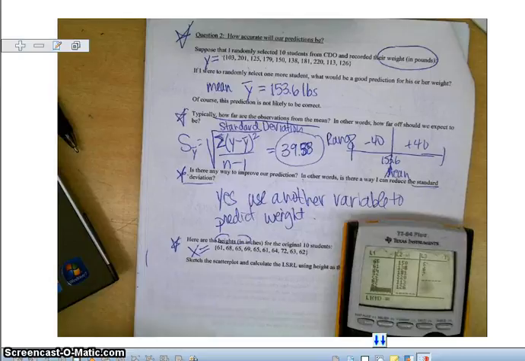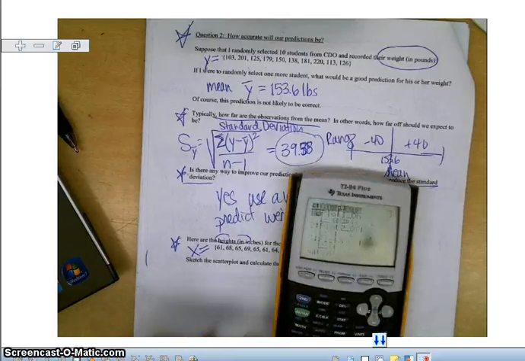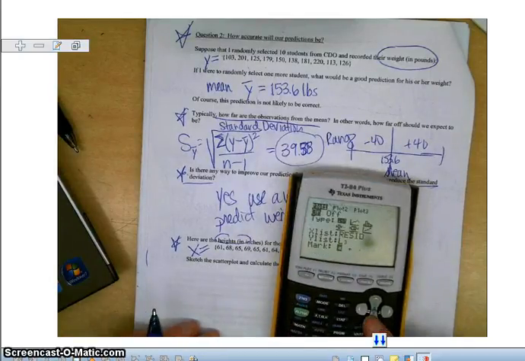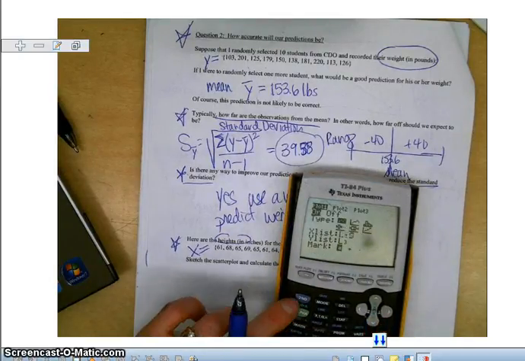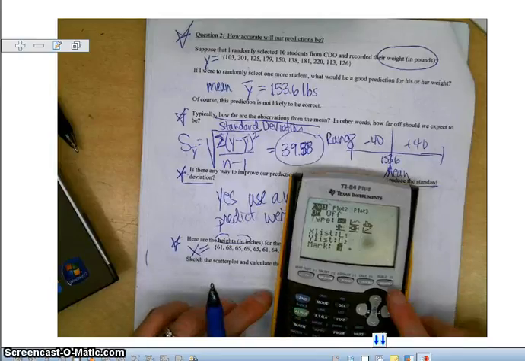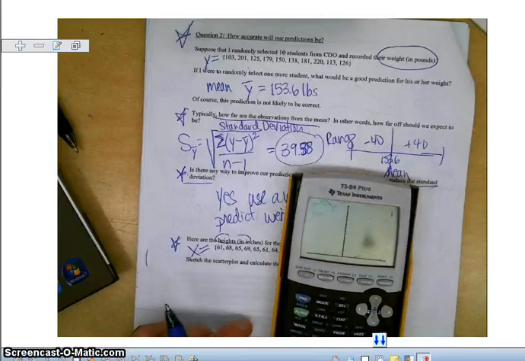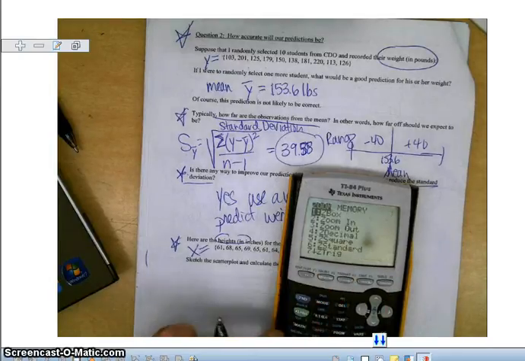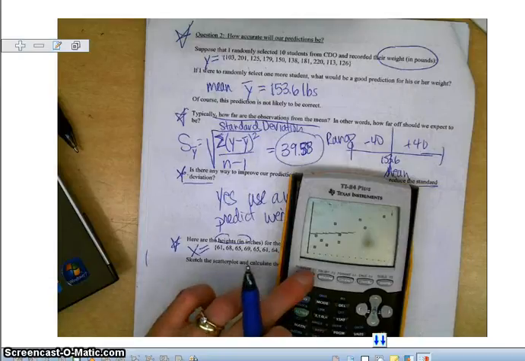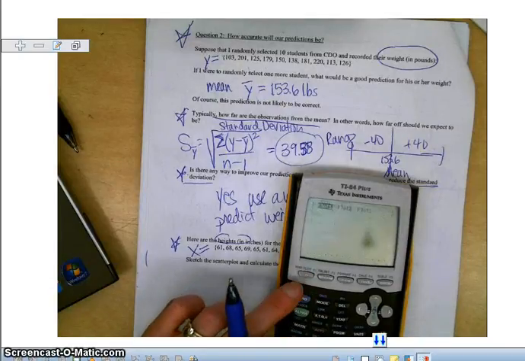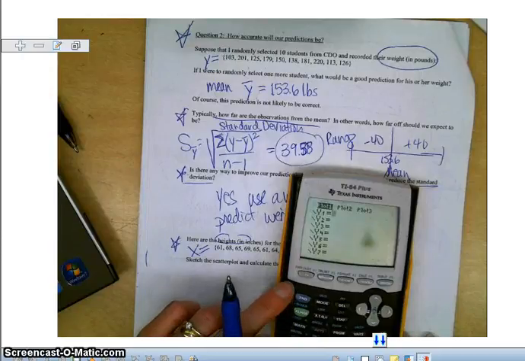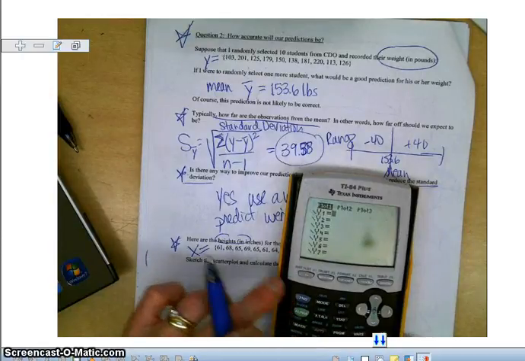Alright, so to sketch the scatter plot, second stat plot. I have list 1 and list 2. If you have that other regression line in there, just hit Y equals and clear it.